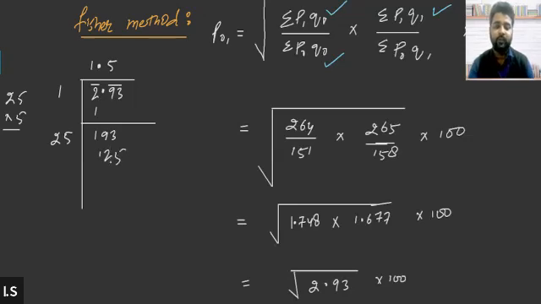So I think 125 is very much less than 193, so I will take a larger value. Instead of 25, let's take 27.